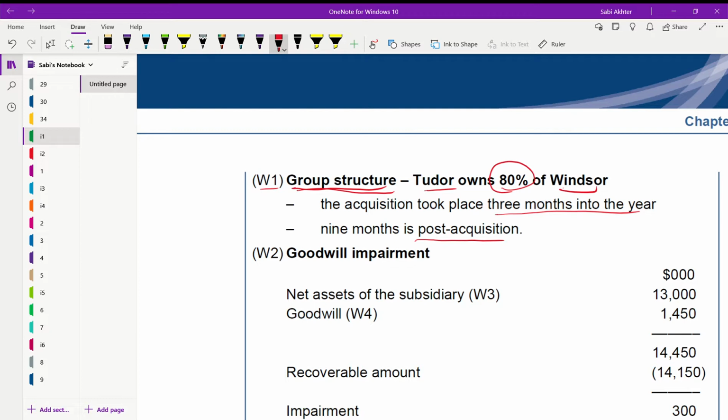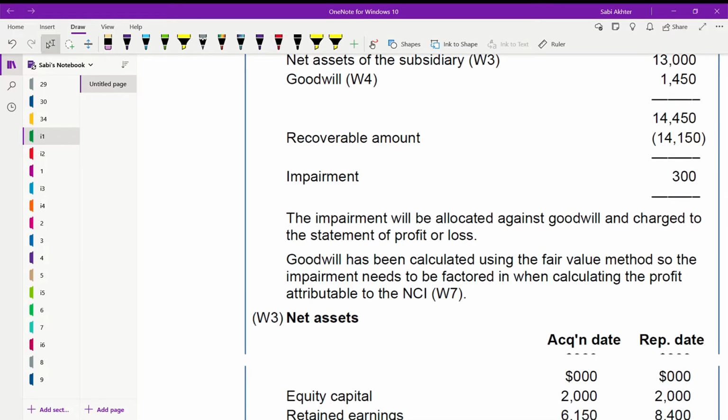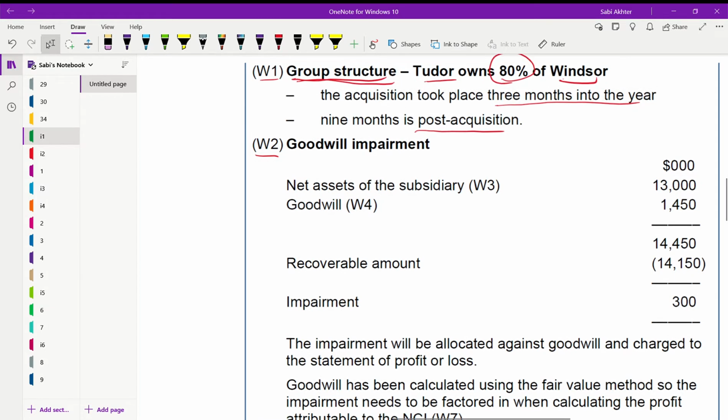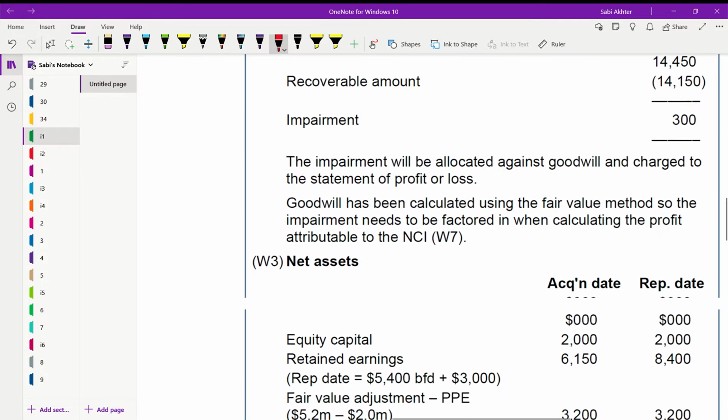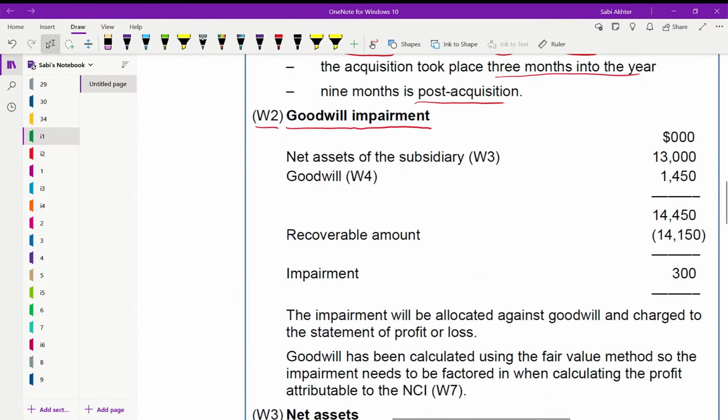Now we are coming to the second working, which is your goodwill impairment. Usually when we calculate for a statement of financial position, we do net asset as working number 2. But here they have calculated it as working 3.